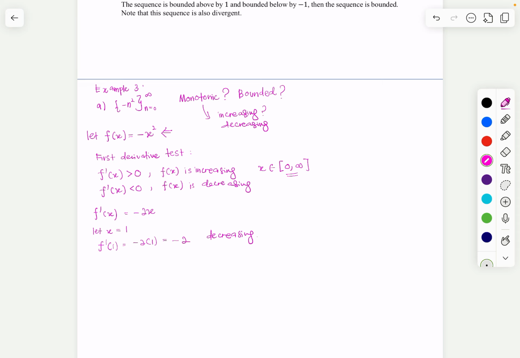For the case of the function, we can say that the function is decreasing. Now we come back to the sequence. We can conclude here: therefore, the sequence negative n square is decreasing.